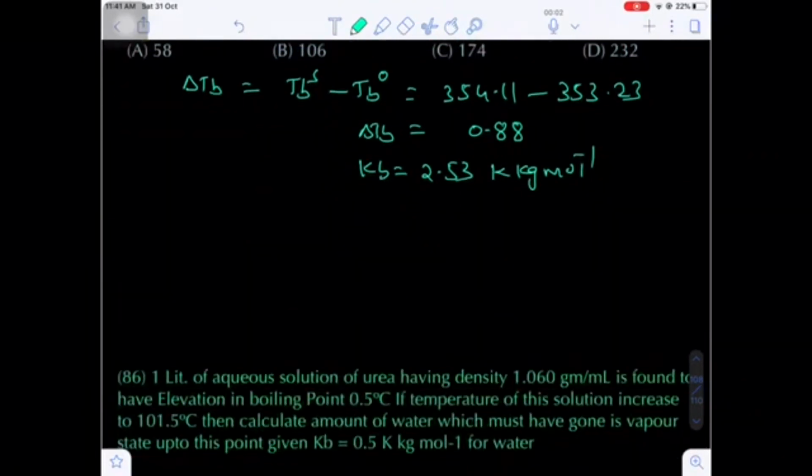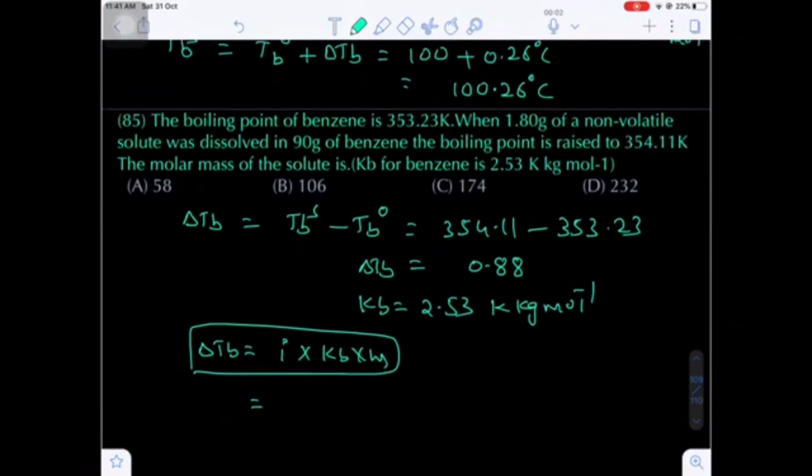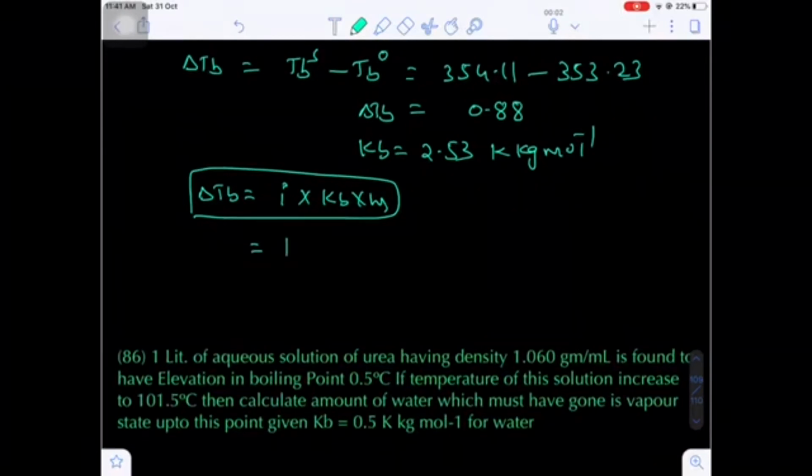Now delta Tb is equal to iota into Kb multiplied by molality. Iota value is not given, so unless the information of the solute is given, we have to assume the iota value as unity. What is the delta Tb value? 0.88 is equal to iota 1 into Kb value 2.53 into molality.